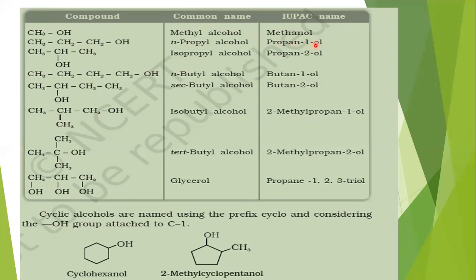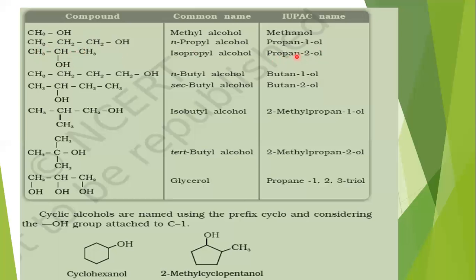Propan-1-ol. In this example, there are three carbons, but OH is attached to the second carbon. Number from this end: 1, 2, and 3. So on the second carbon there is the position of OH. So propan-2-ol.